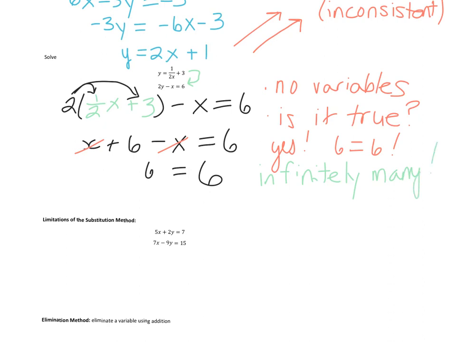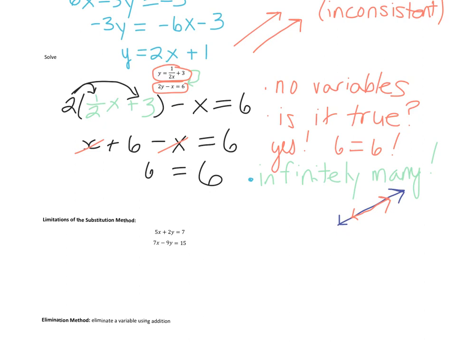All right, and in that case, this is the one where it's the same line. Infinitely many means we have the same line. And if we go back up and solve for y here, we're going to get y equals 1/2 x plus 3. And I'll let you guys verify that too. So a couple of statements. You guys can write infinitely many.